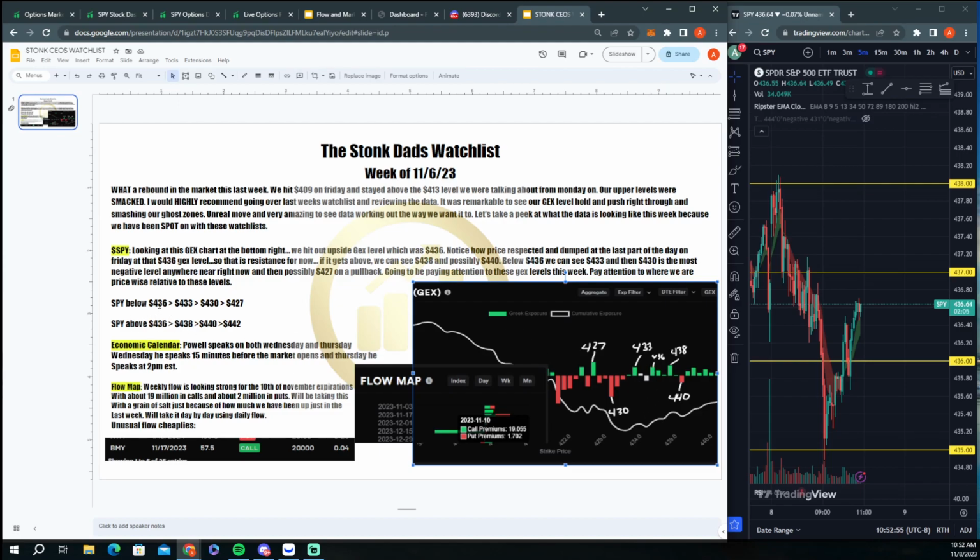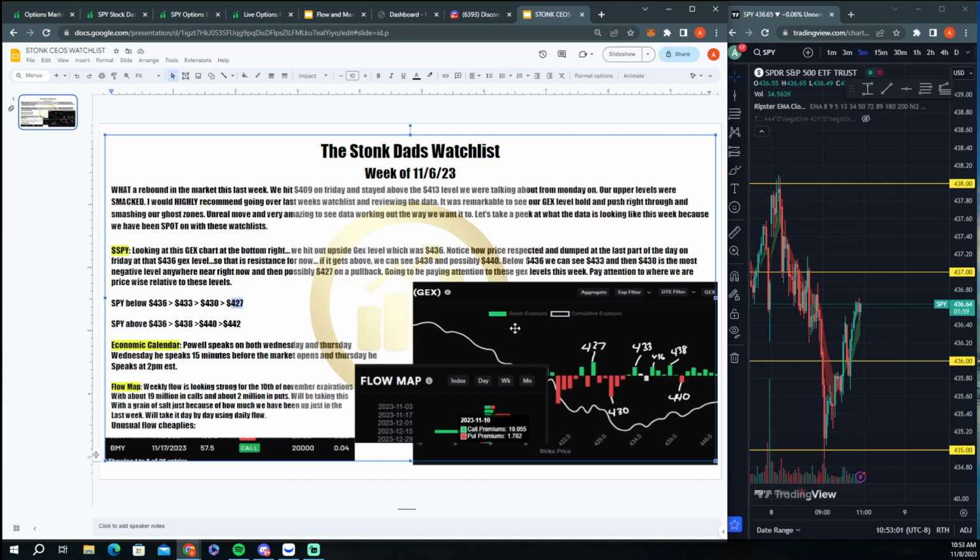So I said below 436, we can see 433, and then 430 and 427. And why I say that is because 436 was a resistance level going into Monday's trading, but you can see that we broke above it slightly yesterday and today. But I said above that certain level and then below, so that's why I have those levels.